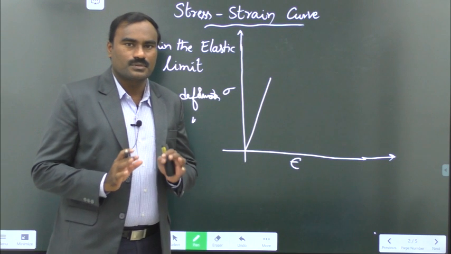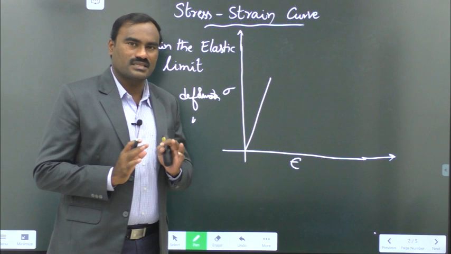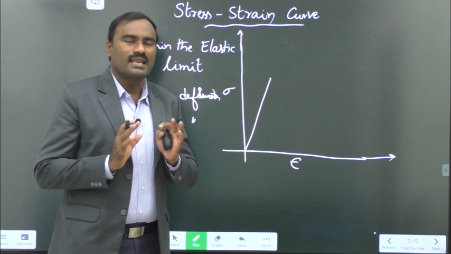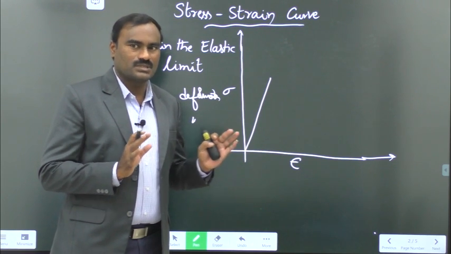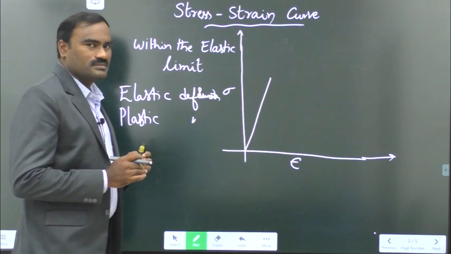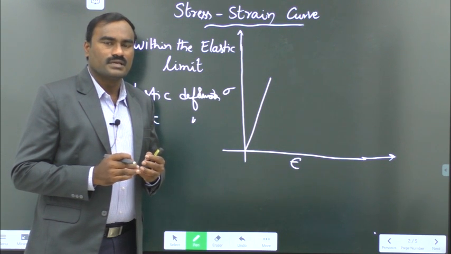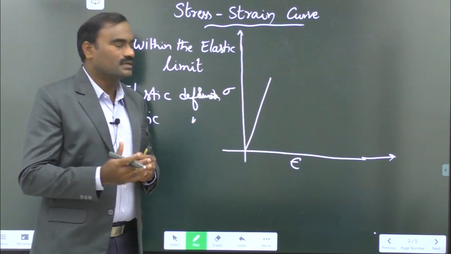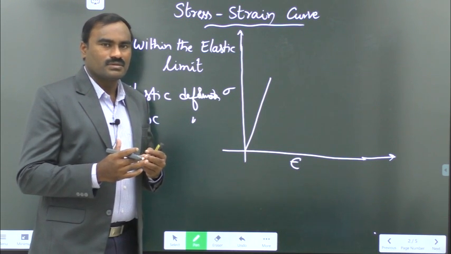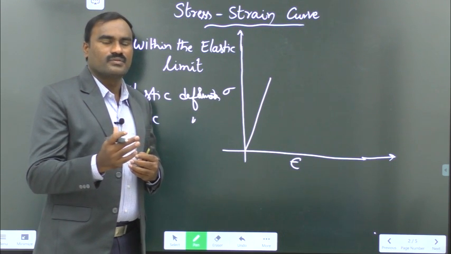What we have seen up to now in the previous discussion is the stress strain curve in the elastic region, that means elastic deformation. Now we are going to see what happens if the stress is increased beyond a particular value, or what happens beyond the elastic limit, and how stress and strain will be related.